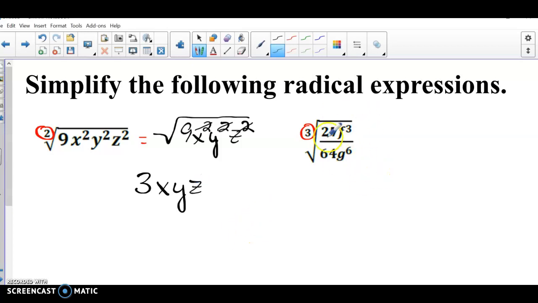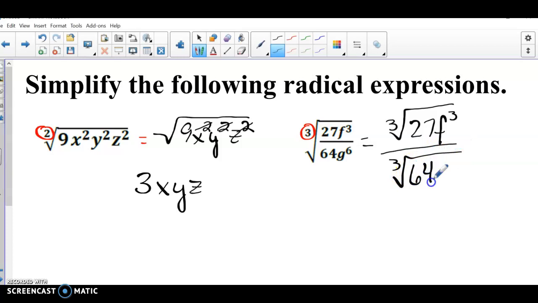For the next one, we have a fraction. We can separate the top from the bottom. So I have the cube root of 27 f to the third over the cube root of 64 g to the sixth. We look at the top, 27 is a perfect cube, that's 3.